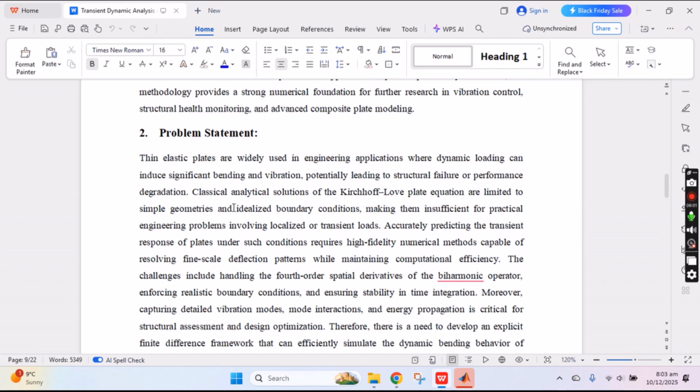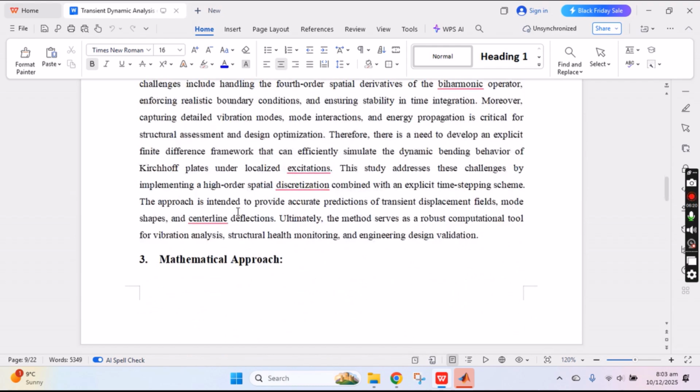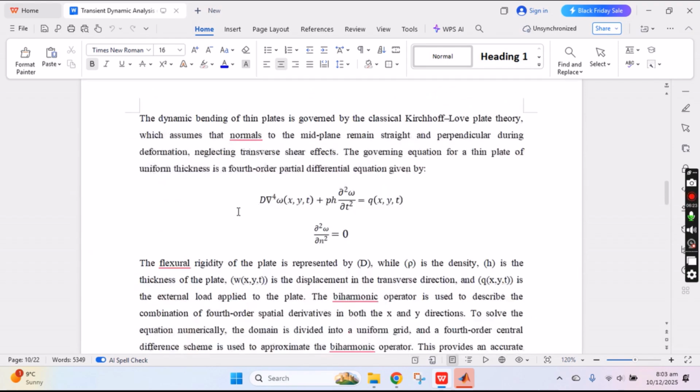And we need to check how accurately the Kirchhoff-Love plate predicts the transient response of the plate under high-fidelity numerical methods capable of resolving fine-scale deflections as well. So here is the mathematical approach.